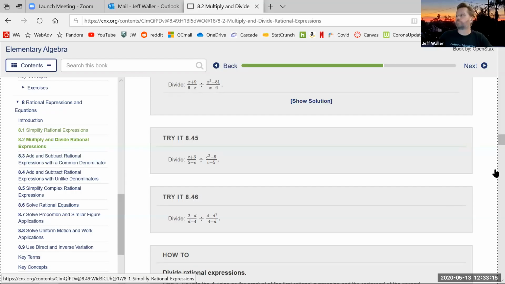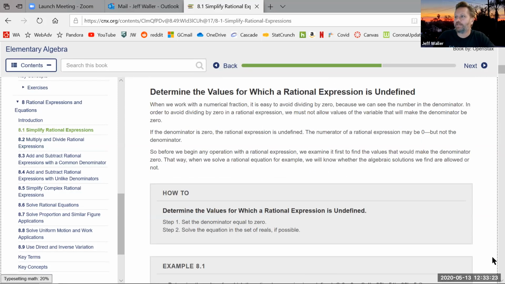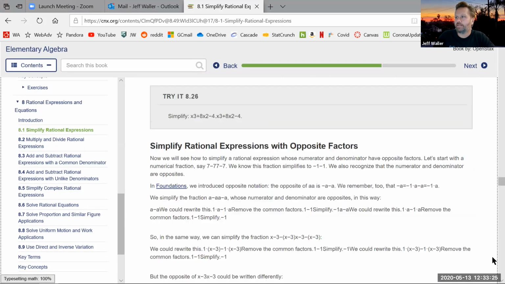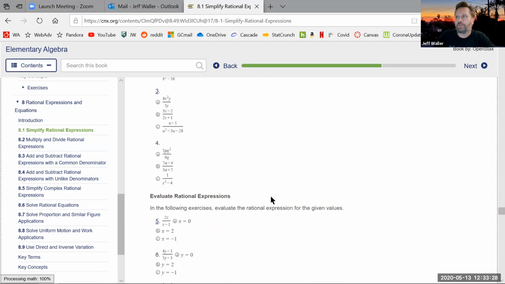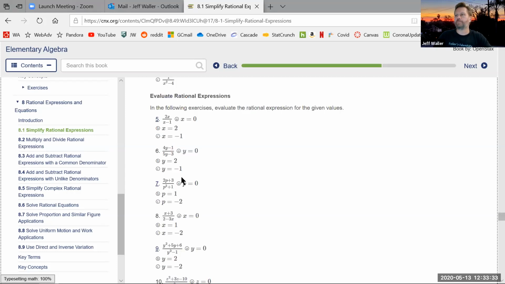So what I want to do, well, first wanted to see if anybody had questions, and I guess not. Everybody's ready. Yes, I have a question. Page 897, chapter 8, section 1, the third one, number 3A.